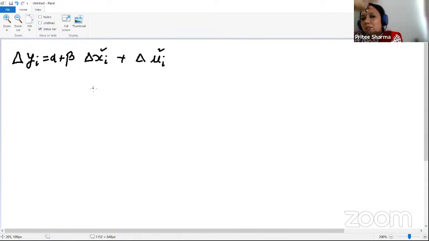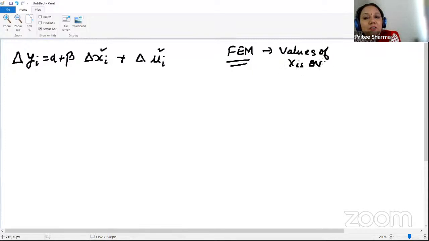You remember in our fixed effect model what we were saying, that there should be some difference in the values of xi's over time. That means there should be enough difference between the values of xi's from one time period to another time period.